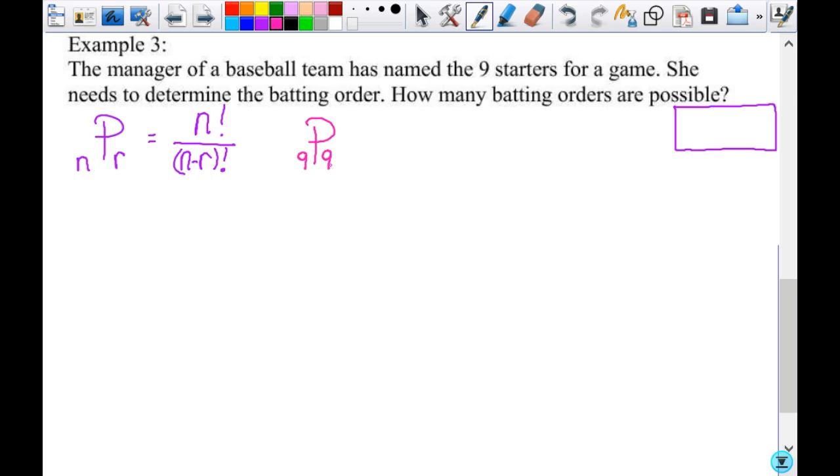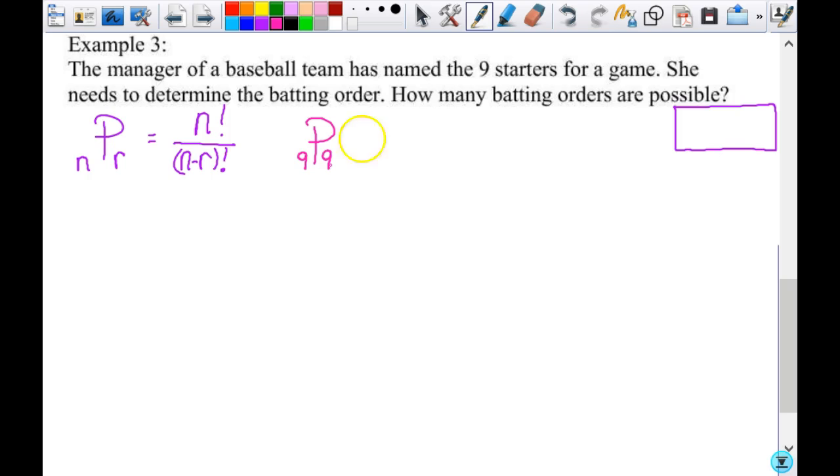Didn't say 11. Even if it was the same baseball team from above, it says she's already picked her 9 starters. So since she's picked the 9 starters, the fact that there were 11 people to begin with doesn't matter because these 9 are the ones we're using. And they all get put in the batting order, right? So sometimes n and r can be the same number. In this case, they are.